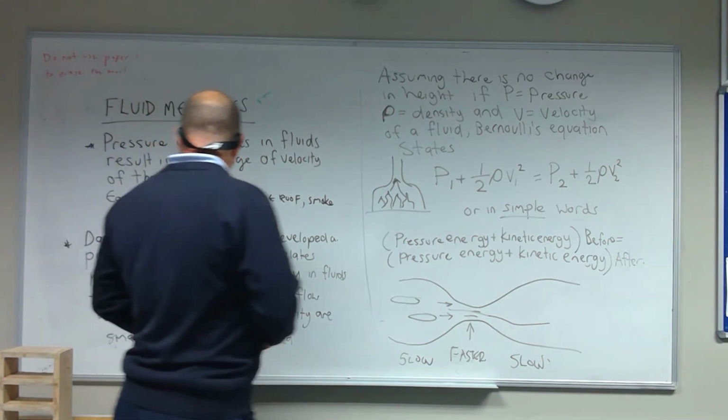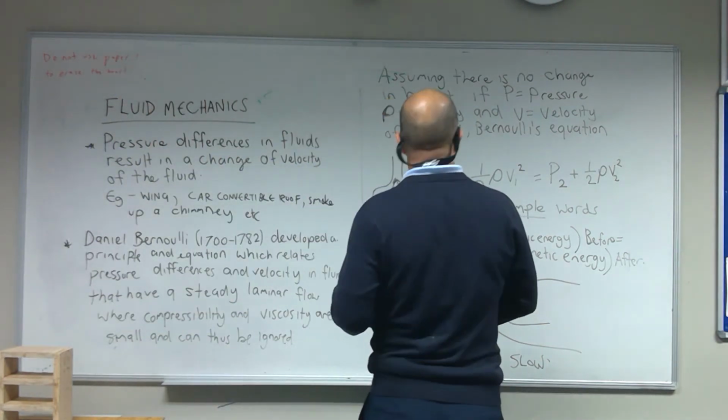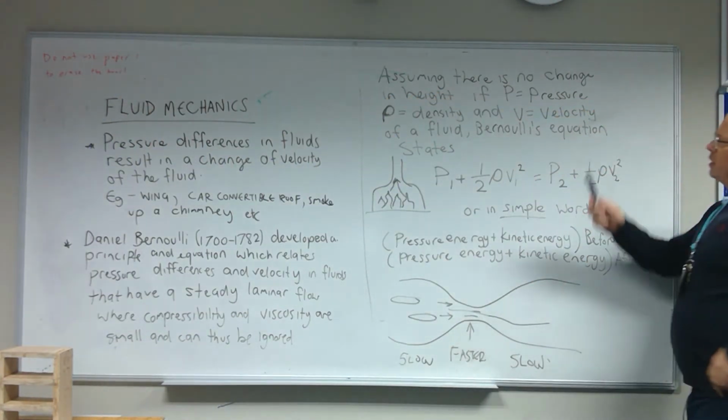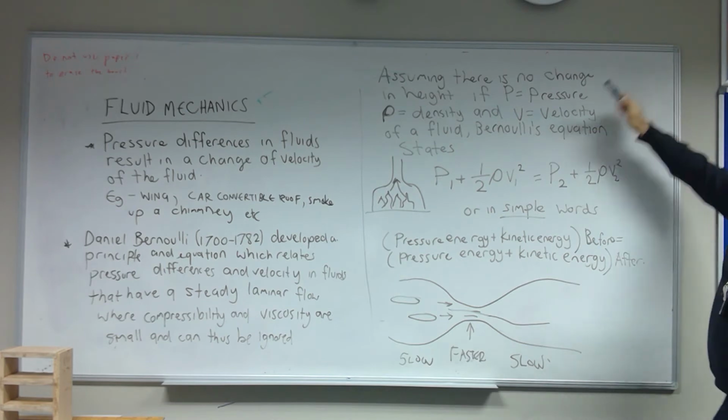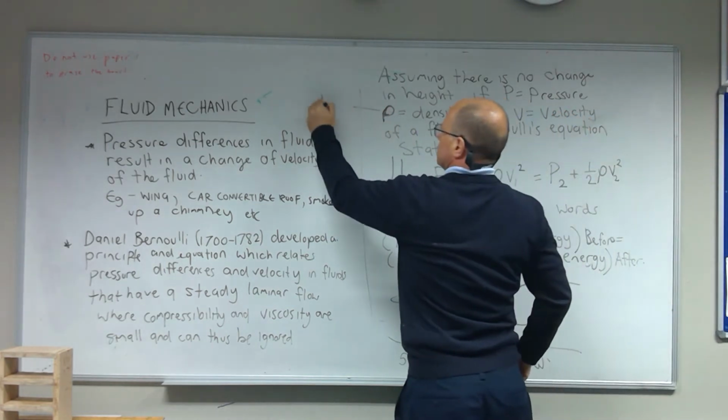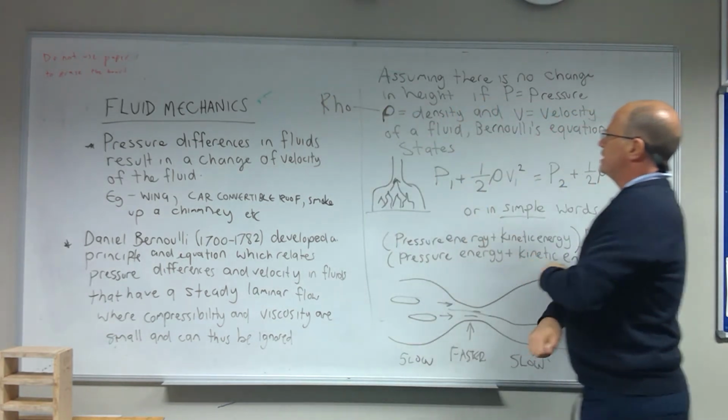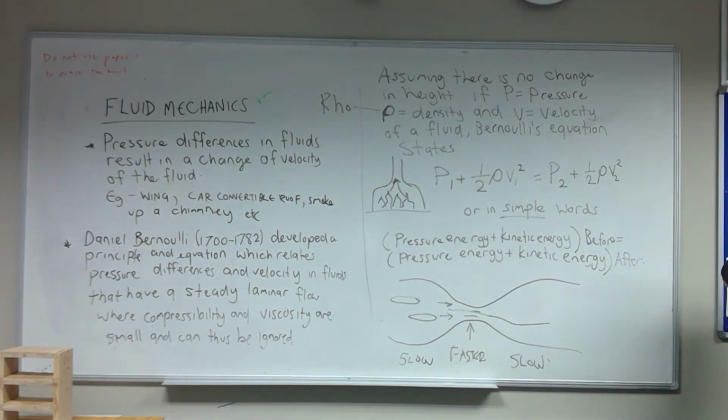Now, when we get to the equation, and this is the explanation up here, you might want to pause this and write this equation down. P is pressure, rho is density, so how much mass for a given volume, and then we have the velocity of the fluid.